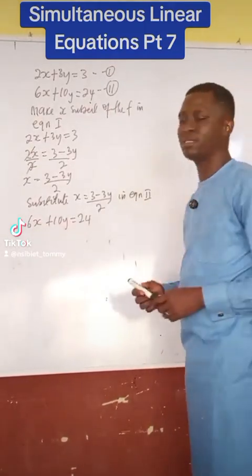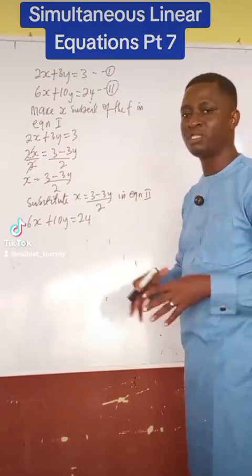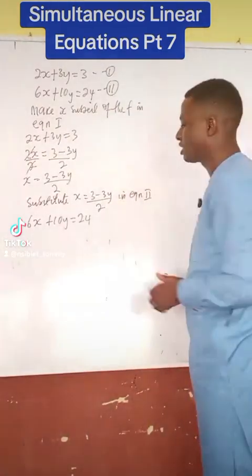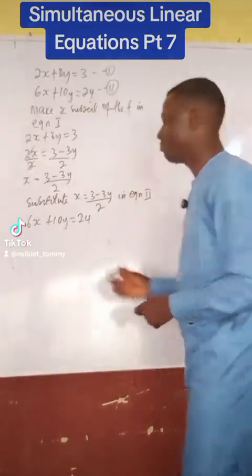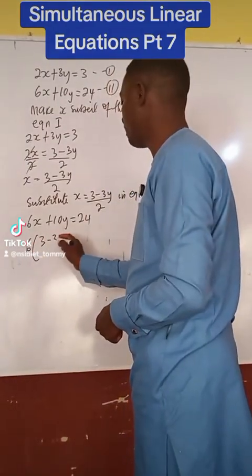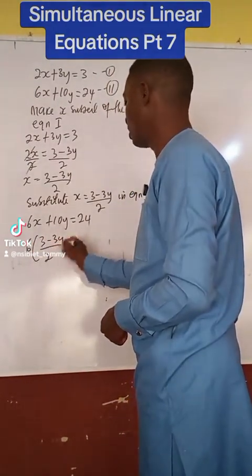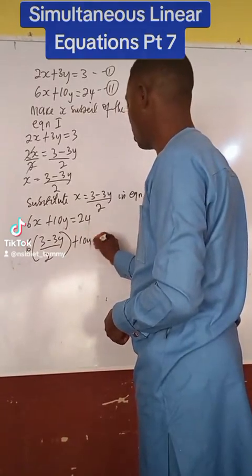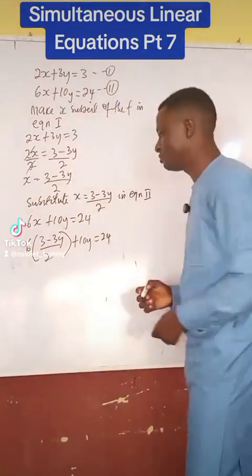Whenever we have x, we are going to remove the x and replace it with what? (3 minus 3y) all over 2. So this is 6, open brackets, (3 minus 3y) all over 2, plus 10y equals 24.